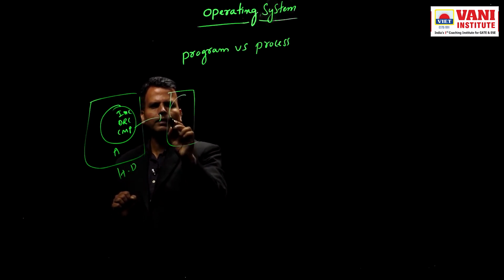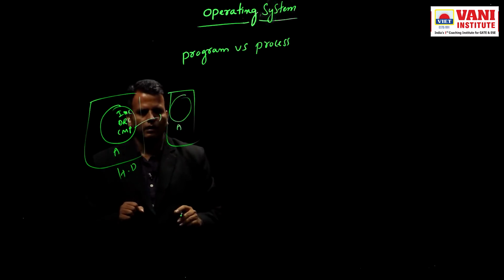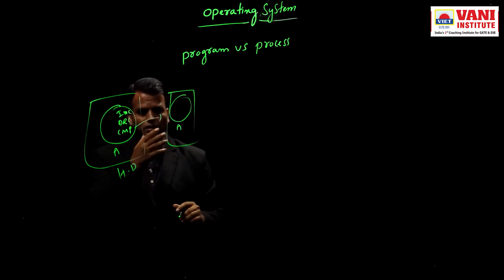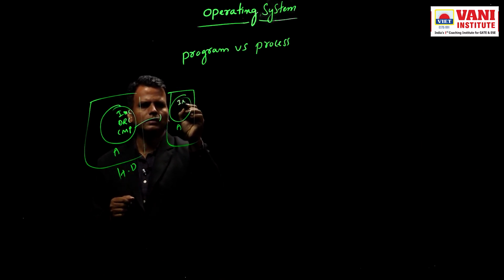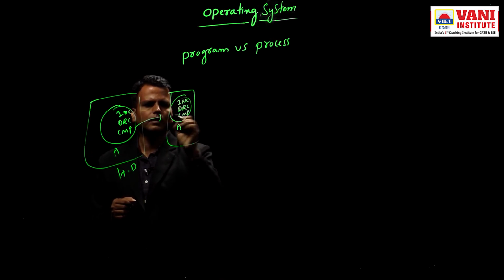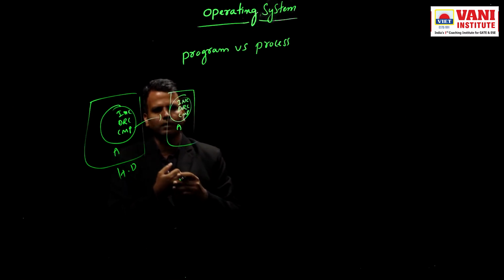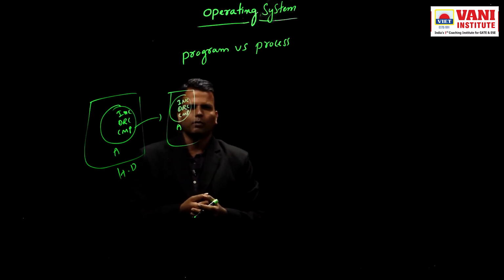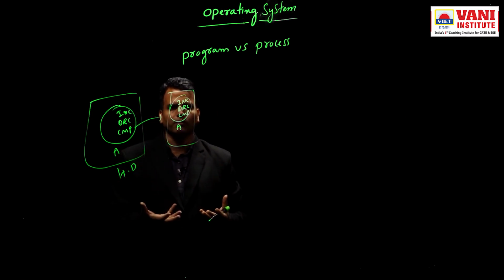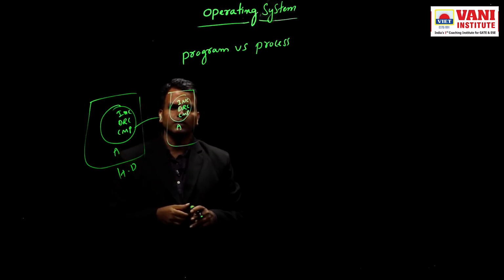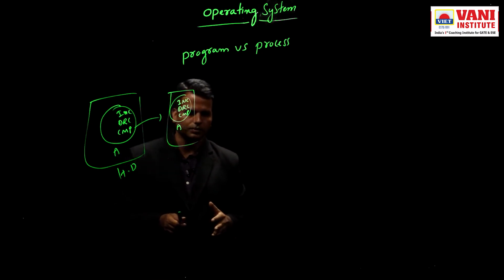If I keep program A inside the main memory, can you say that these instructions are changing? No. Increment will remain increment, decrement will remain decrement, because these are the operations you want to perform in your program, so they will not change. So one thing is compulsory: a program is also a set of instructions, and a process is also a set of instructions.